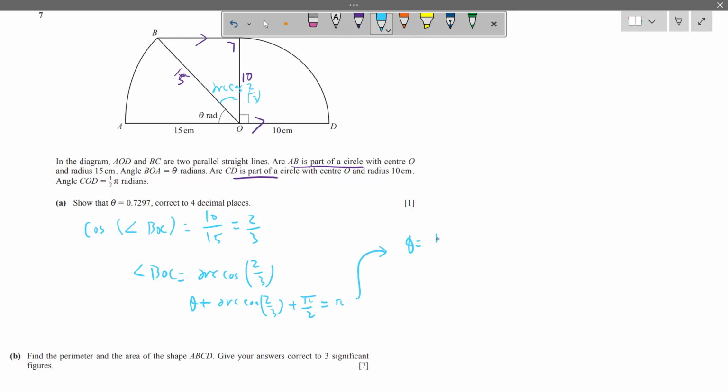So theta is pi over 2 minus arccos of 2/3. And if you plug this into a calculator, you should have the intended value: 0.7297.